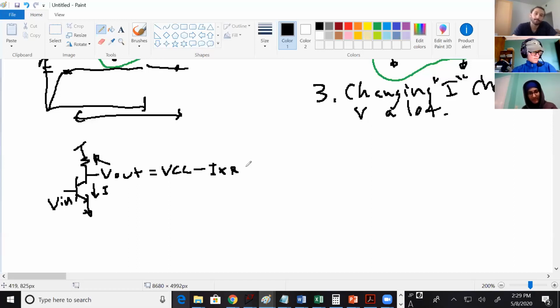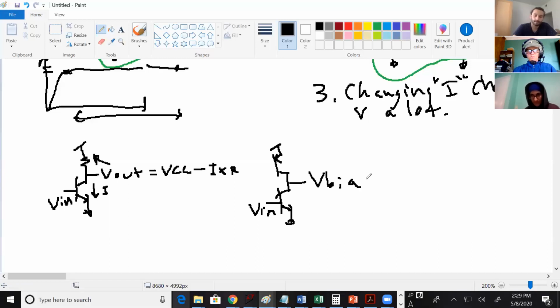So the next bigger gain was this, and this is just some bias voltage here. Okay, and did this have better gain?